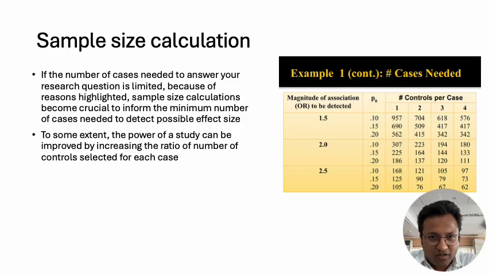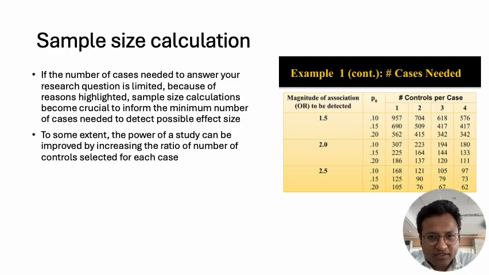I'm sure that you may have seen this table in Professor Alex's lecture, and what this shows is that there are multiple parameters that we will have to use to do our sample size calculation, but there is one parameter that is in our control, and that is the number of controls that you will select in your study per case. So it could be one, two, three, or four.